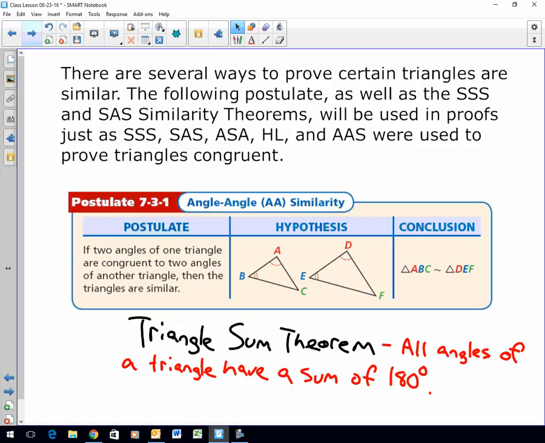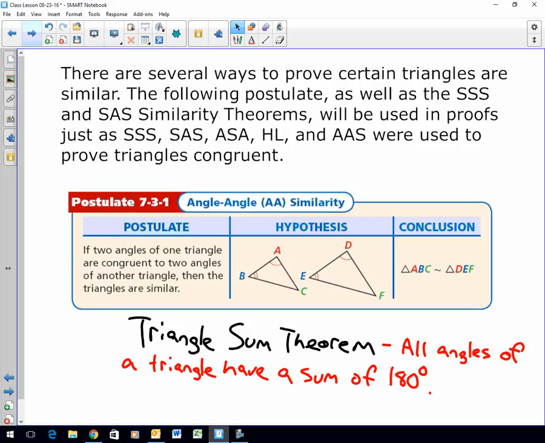Three, thank you, Corey. The three angles of all triangles have to add up to 180. If it's 181, it's not a triangle. If it's 179, it's not a triangle. And it has to have three angles.